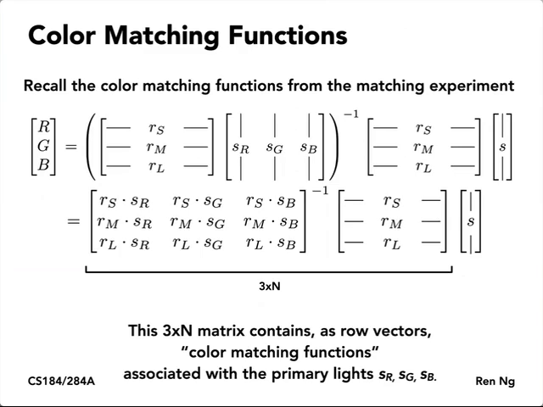I finished up talking about this last form, where we can recognize this as the color matching functions from the hypothetical color matching experiment that we talked about a lot last time, associated with the three primary lights, S sub R, S sub G, S sub B. So the red, the green, and the blue primary lights that we're using to blend together to match any test light. That's what's going on here, okay?